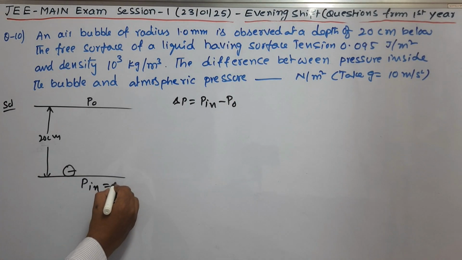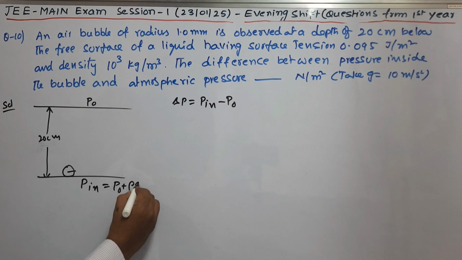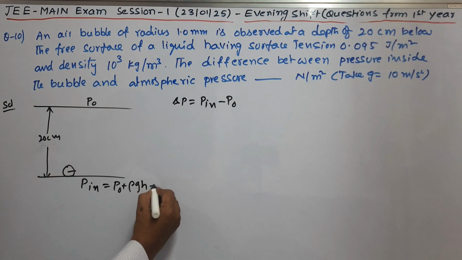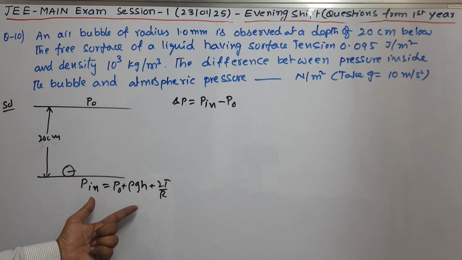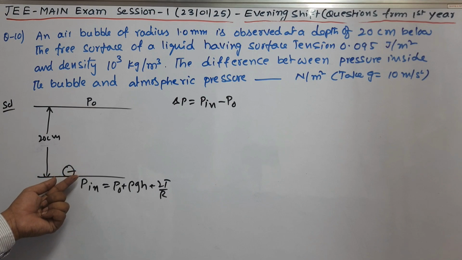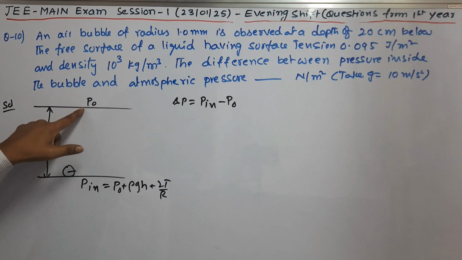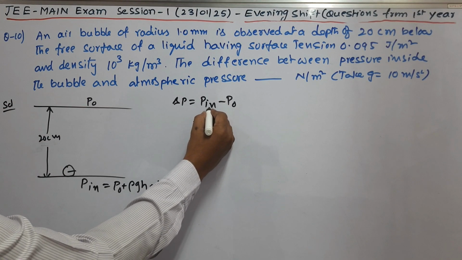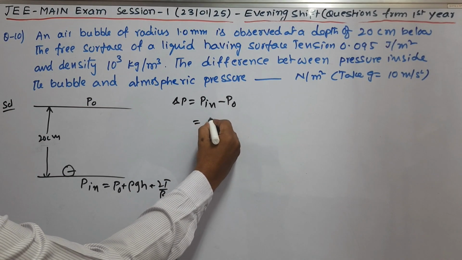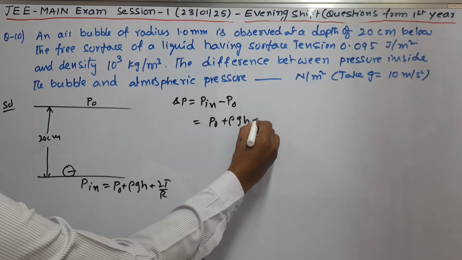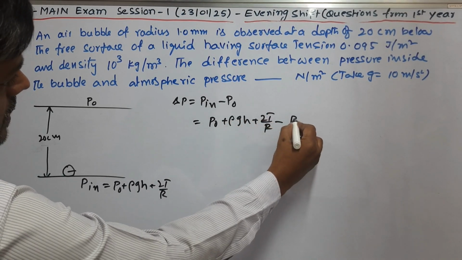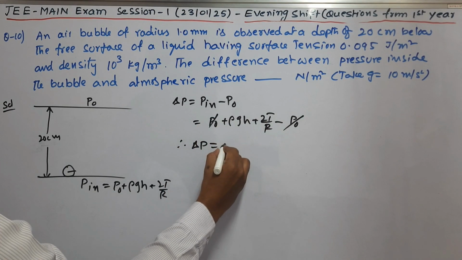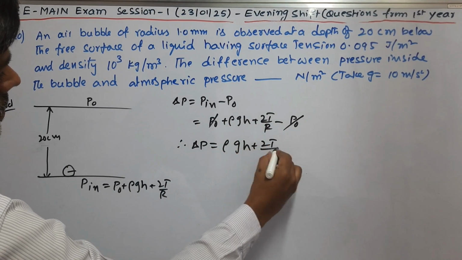So P inside is nothing but P naught plus rho g h, and in addition, since this is an air bubble, the pressure due to surface tension is 2T by R. So P in equals P naught plus rho g h plus 2T by R, minus the pressure at the open top, P naught. This P naught cancels. Therefore, the difference in pressure equals rho g h plus 2T by R.